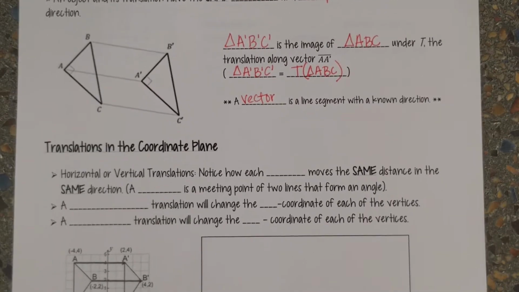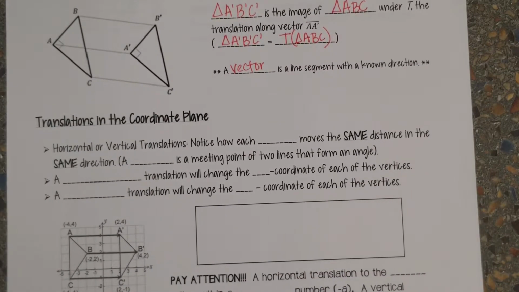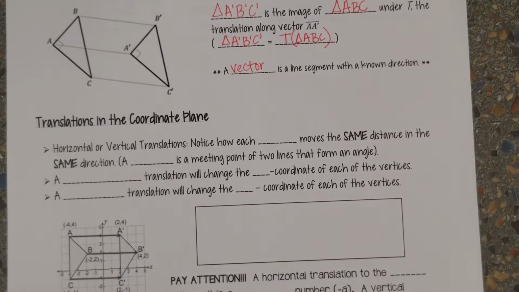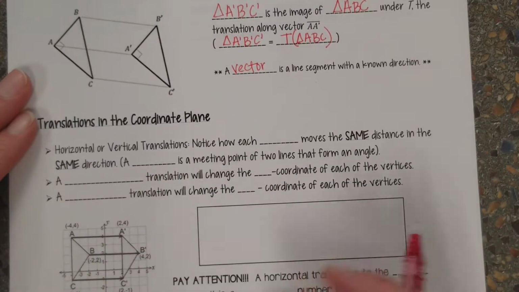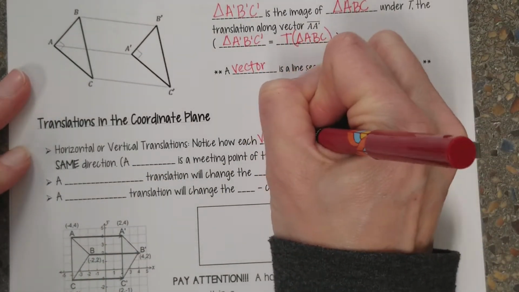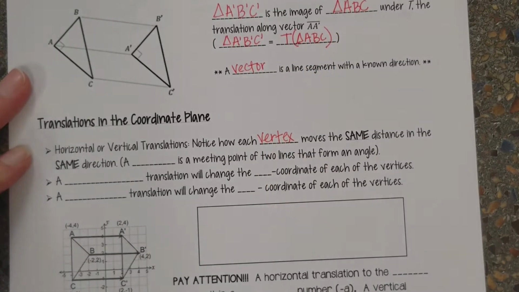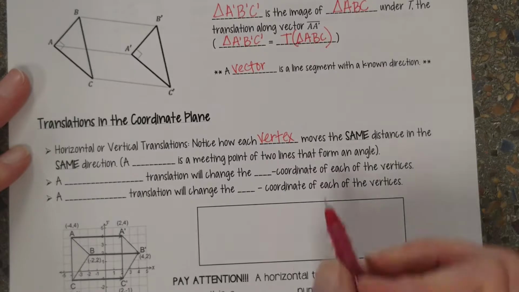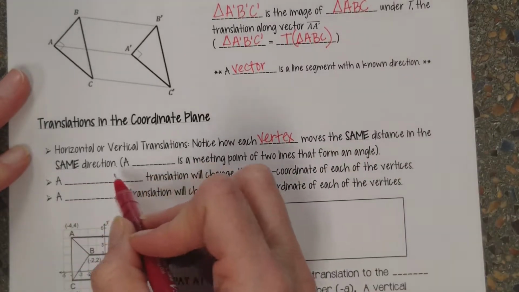Okay, talk about translations in a coordinate plane. Horizontal or vertical translations, this is one or the other. It's not both together. We'll talk about both together here in a little while. So what we want to notice is how each vertex, the singular, vertices is the plural, moves. Notice how each vertex moves the same distance in the same direction.